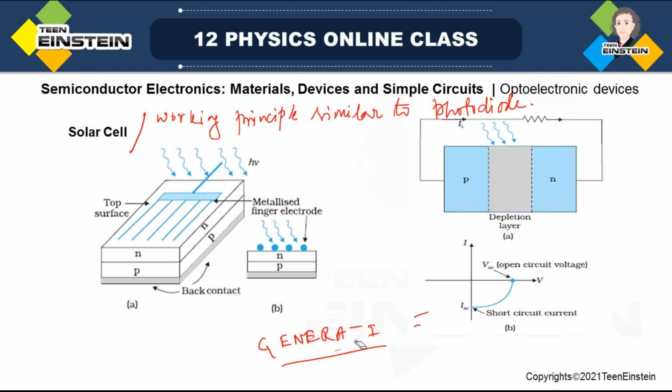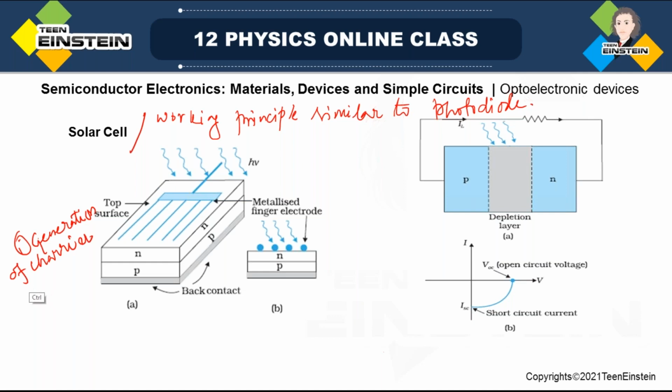Let me write it in. Three aspects are important in the solar cell. One is generation of charge carriers, simply carriers.